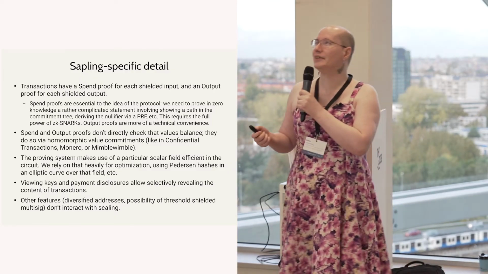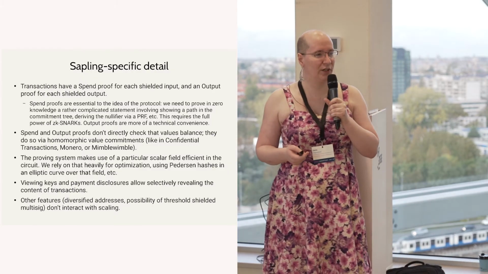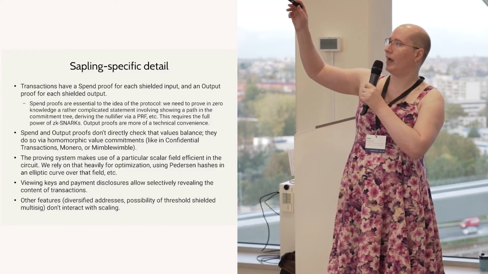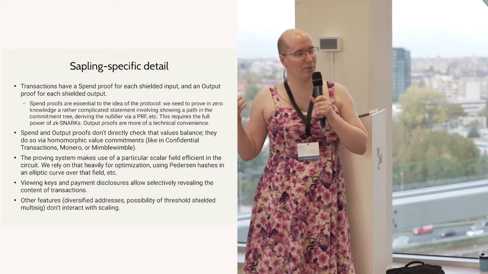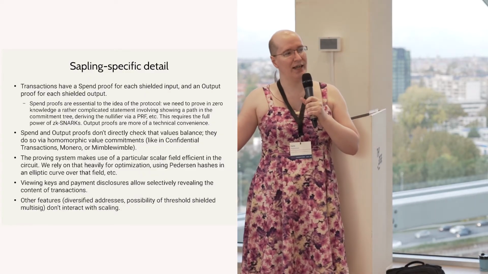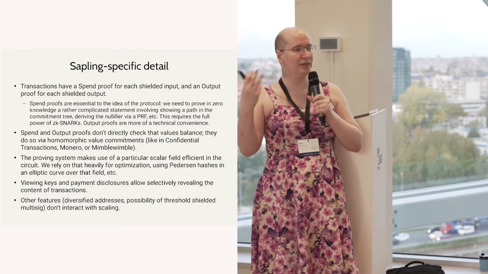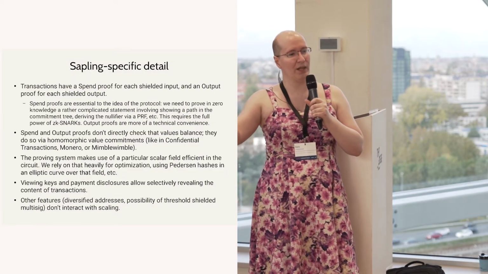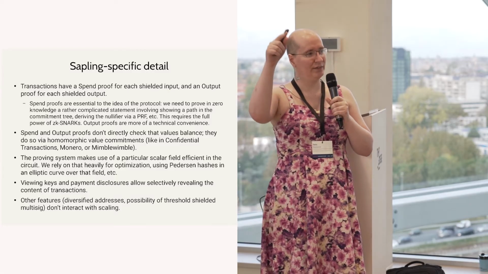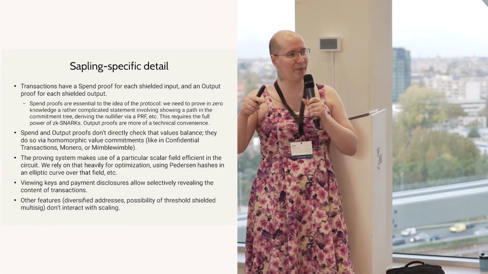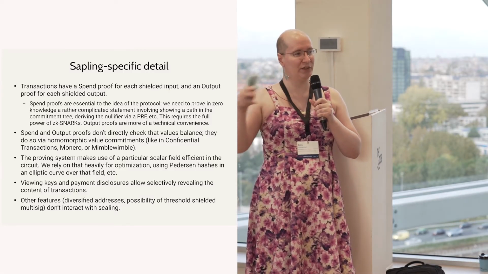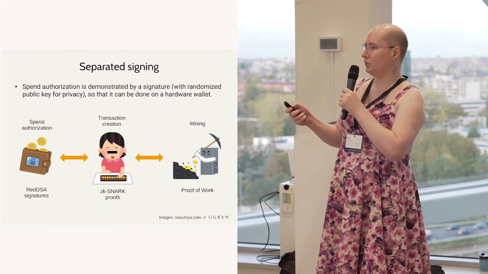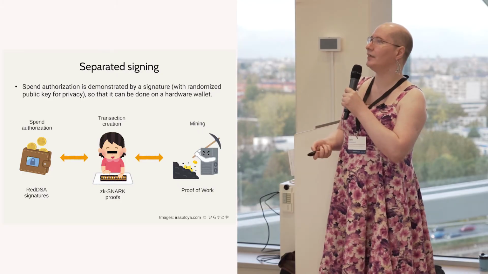And we took the opportunity to streamline some of the crypto. So actually, Sapling works a little bit more like confidential transactions, in that it's creating Pedersen commitments to each value, and you're using the homomorphic property of the Pedersen commitments to make sure that everything balances. We don't need anything else there.